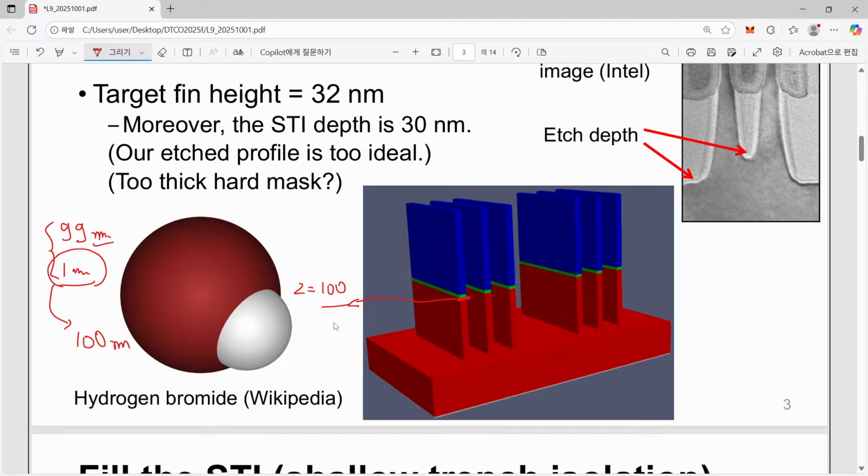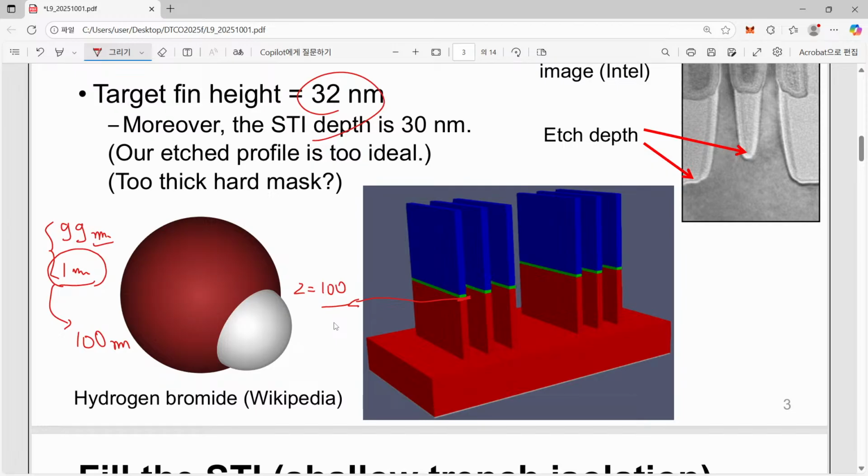So maybe you can ask me this question: is the number 100 enough or not? In my opinion, if we take a fin height of 32 nanometer, it is just okay because we have enough margin. But if we consider a more realistic one, with a fin taller than 50 nanometer, then this 100 nanometer thick substrate is not sufficient.